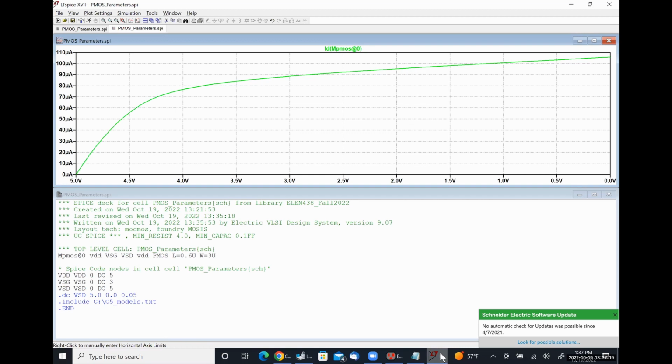I'm going to throw away this marker. So VSG in this case is the difference between the voltage at our source, which is 5 volts, minus the voltage at our gate, which we've set to be 3 volts. So VSG is 2 volts.